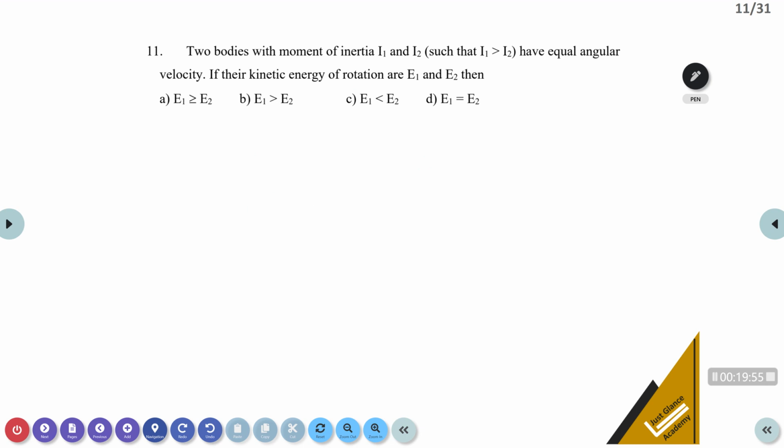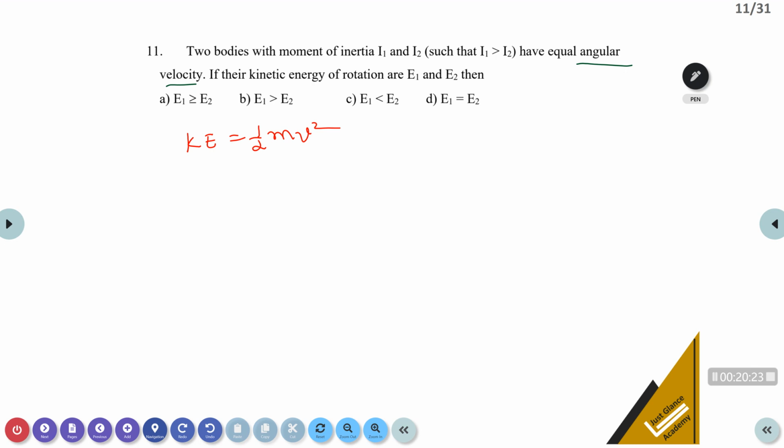Next. Two bodies with moment of inertia I1 and I2 such that I1 is greater than I2 have equal angular velocities. If their kinetic energies of rotation are E1 and E2, we know the kinetic energy equation is half m v square.